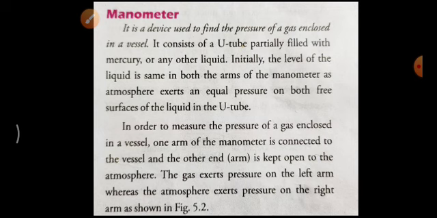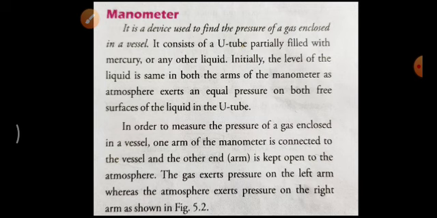Already we have started chapter 5, that is pressure in fluids, and discussed thrust and pressure and the formula for pressure, that is equal to thrust divided by area, or thrust per unit area. Then the units of pressure, then pressure in fluids also we have discussed.